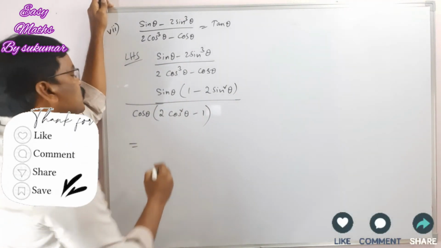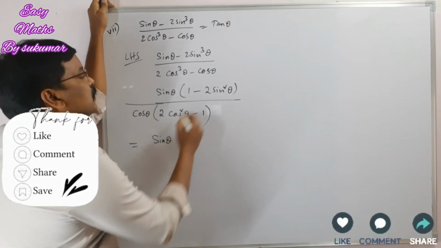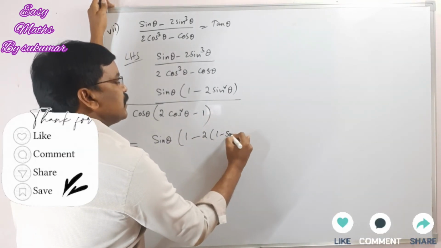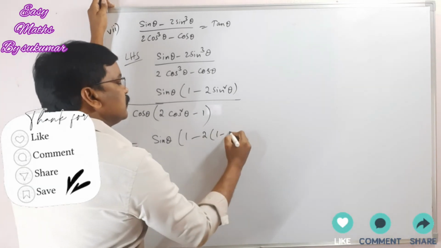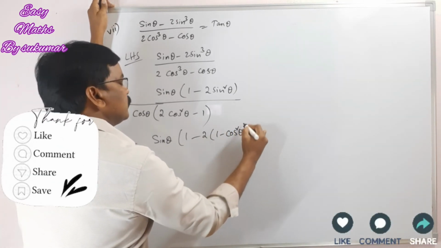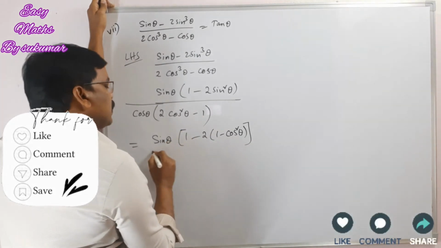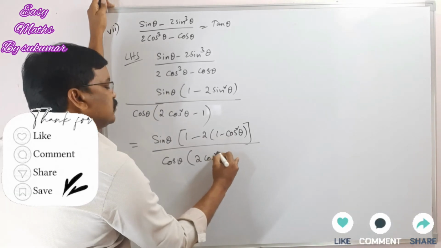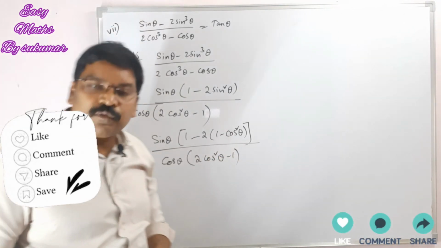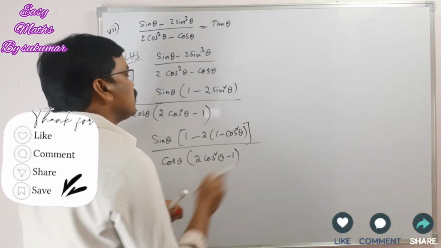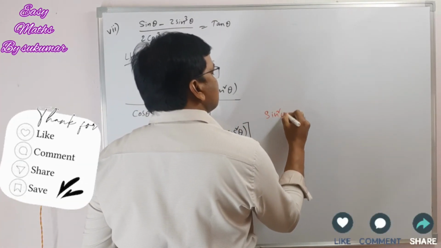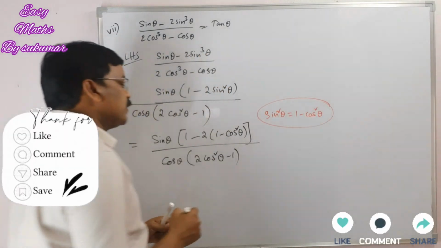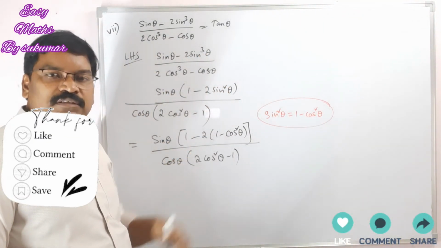So this is equal to sin theta times 1 minus 2 into sin square theta, which can be written as 1 minus cos square theta, by cos theta times 2 cos square theta minus 1. Here, instead of sin square theta, I substituted 1 minus cos square theta. So my dear students, here 2 times 1 minus cos square theta.